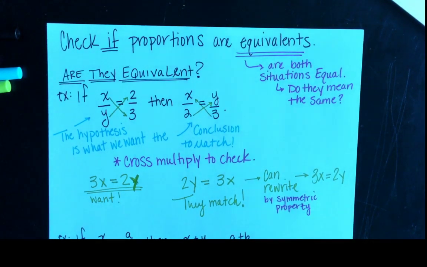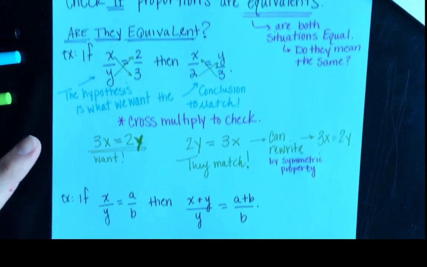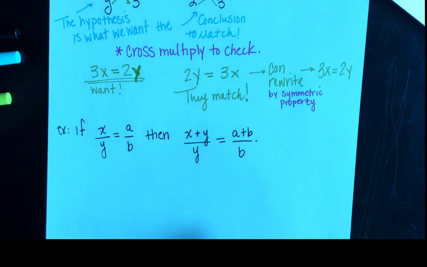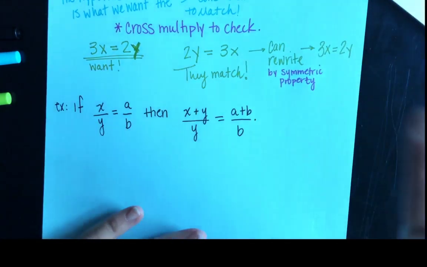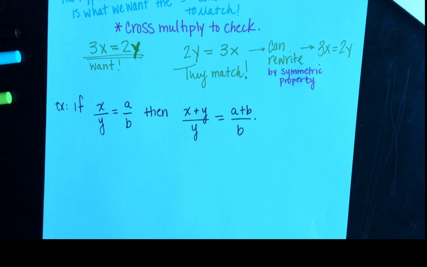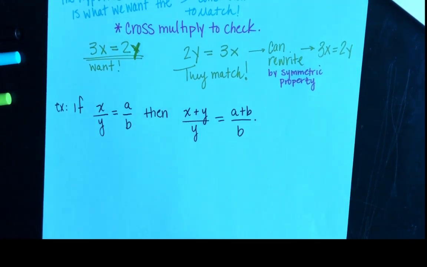Awesome. All right, last one. And this is where sometimes when we see patterns, we're happy with patterns. People are like, I get this, no problem. Others, not so much. So that's why I said cross multiply always works. So again, what happens in the hypothesis, we want that to match the conclusion. So anybody want to tell me if you think they're equivalent just by looking at it really fast?